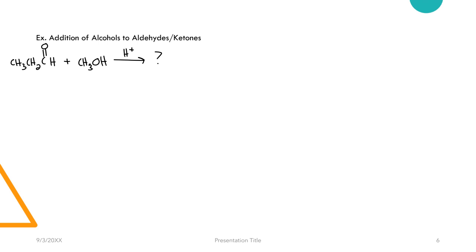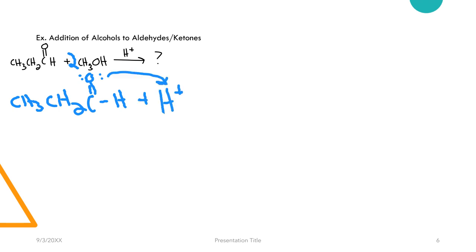Okay, there should be a 2 here, FYI. So, acid catalyzed, we're starting with, so this is an aldehyde, right? Because we have hydrogen on one side. So, we're going to protonate that oxygen with the hydrogen to make a strong electrophile.